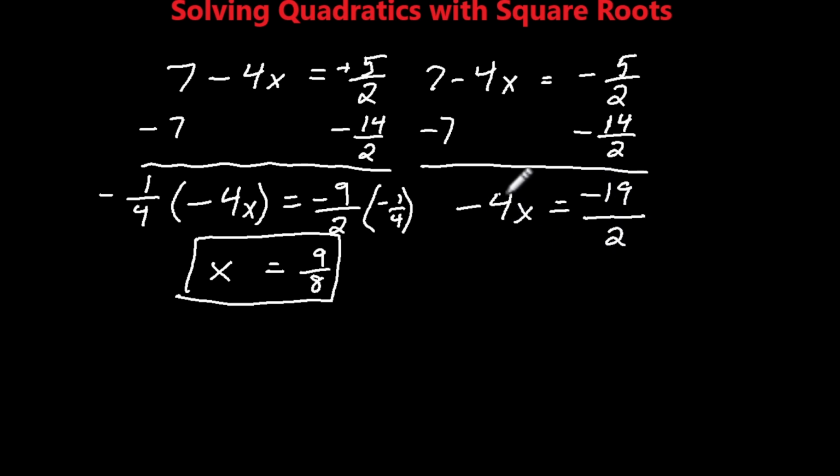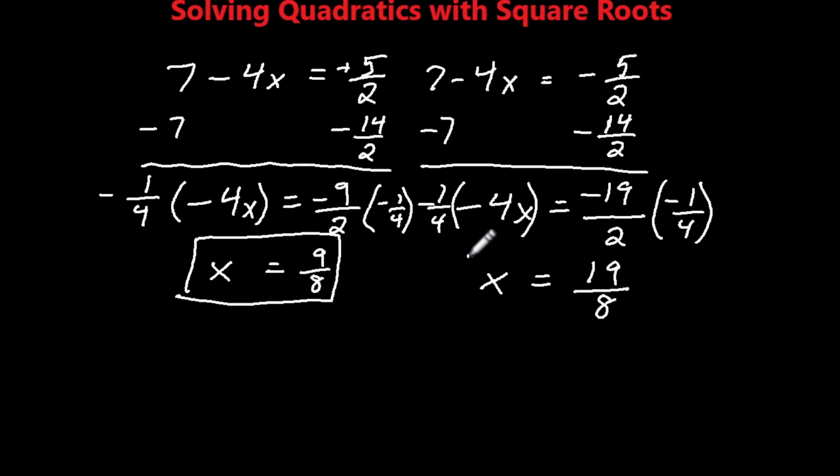And then I have to multiply both sides by minus 1/4. So our x is going to equal positive 19 over 8. And that is the second solution.